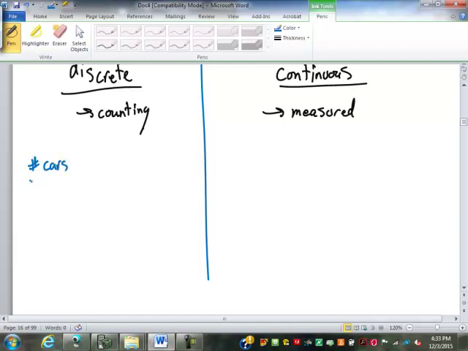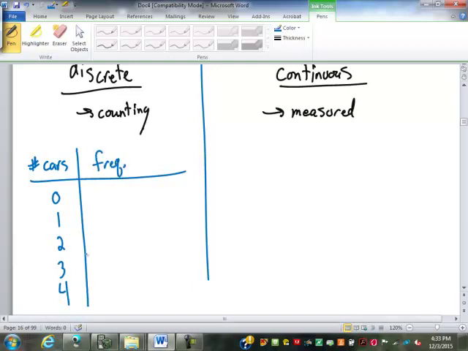Let's say I want to survey households to see how many cars are in a household. And let's say for this survey, nobody answered more than 4. And let's say we're surveying people in the city, so we want to know about families, households within the city limits.